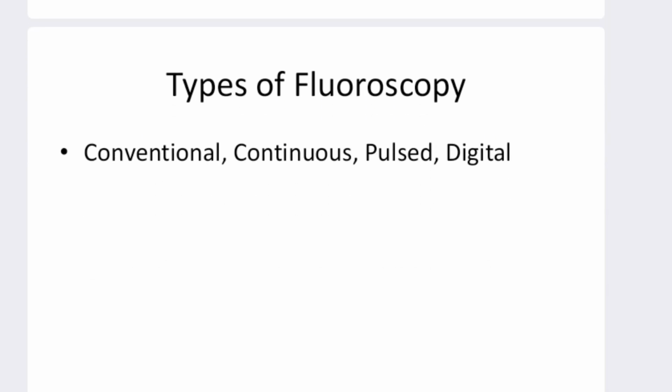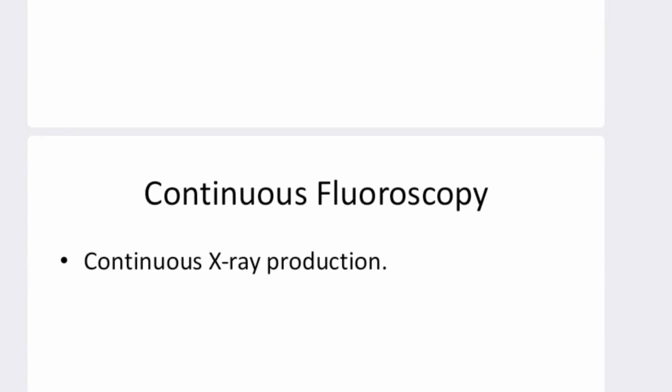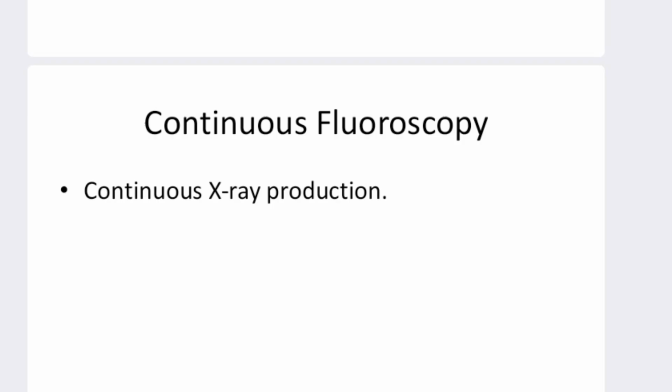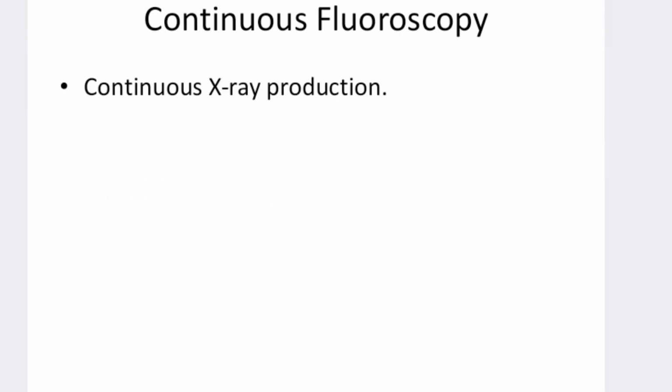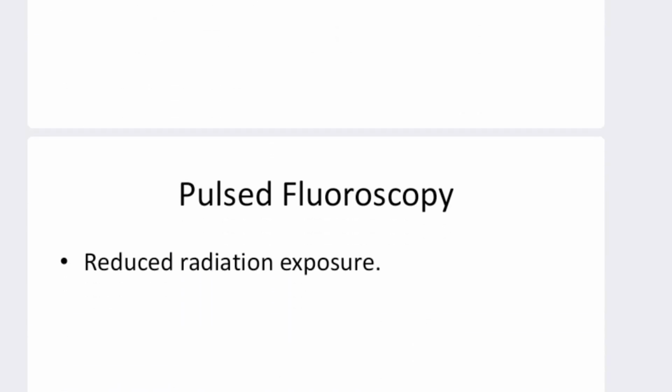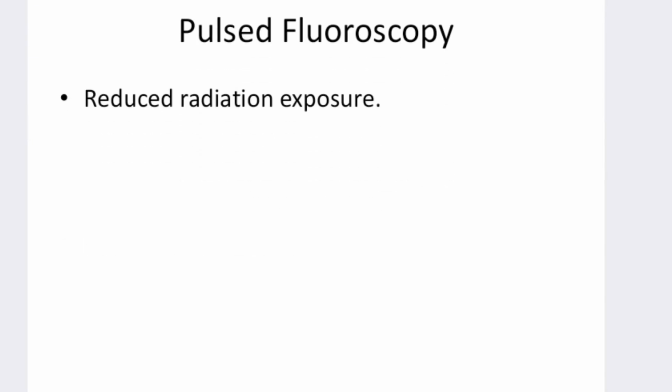Usually there are types of fluoroscopy: conventional, continuous, pulsed, and digital fluoroscopy. Continuous fluoroscopy involves continuous X-ray production over a period of time, and pulsed fluoroscopy produces reduced radiation exposure and produces images in a pulsed manner.